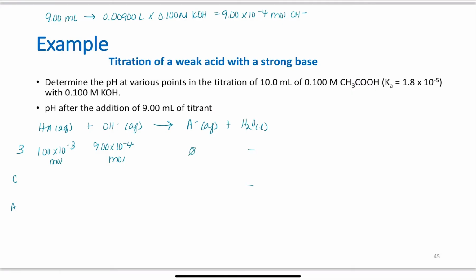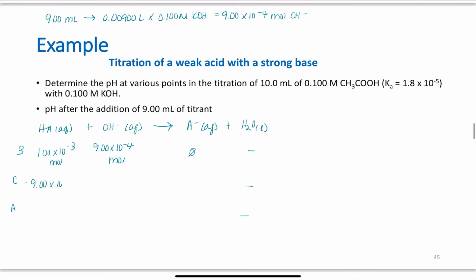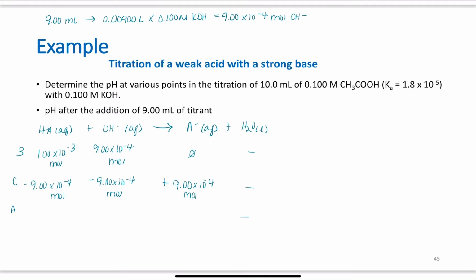We don't have any A minus to start, and water does not change much, so we don't factor it into our equations. Minus 9 times 10 to the minus 4th, minus 9 times 10 to the minus 4th, plus 9 times 10 to the minus 4th. After this reaction, I have left 1.0.